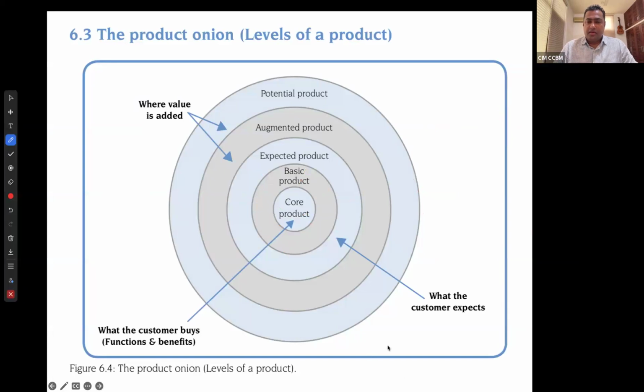Then, what is the next level? Expected product. Now, at this level in the product onion, we ask ourselves, when we go to buy a product, let's say you go to buy a room at Cinnamon Grand.